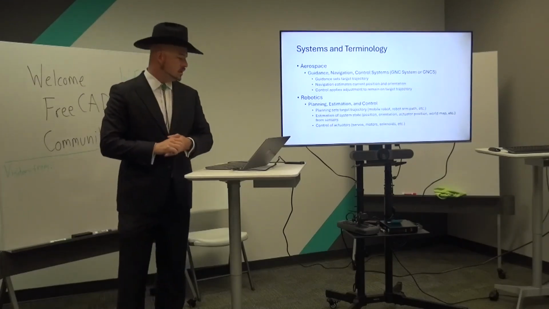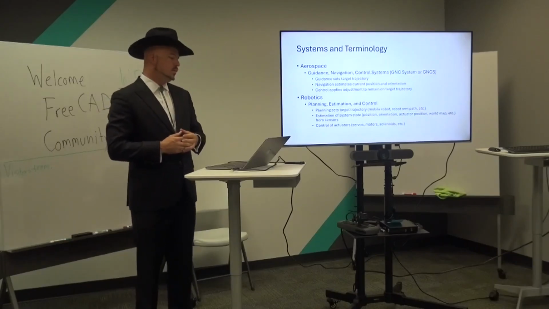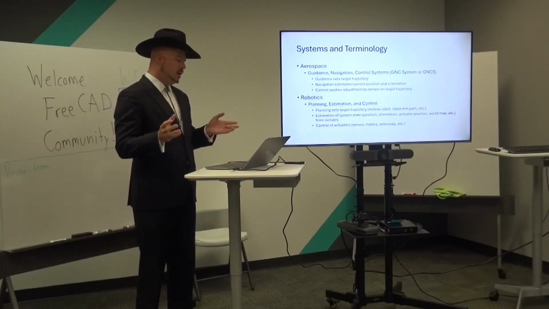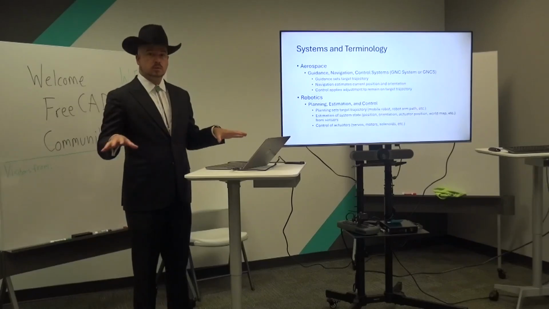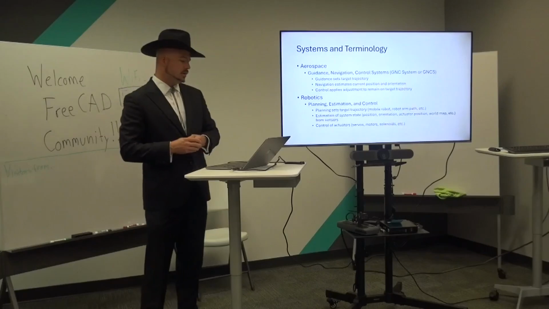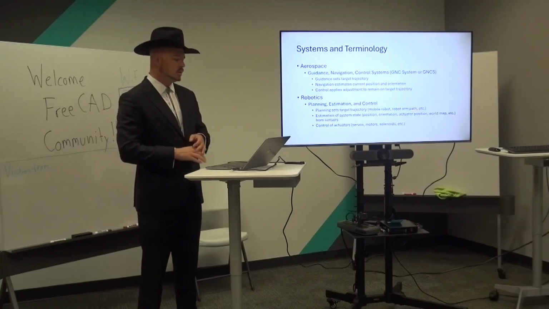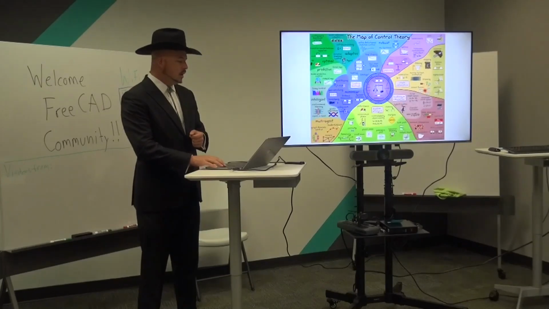Estimation of the system state could be your position and orientation, like the GNCS, but it could also be actuator position, the world map, so you're learning what the world is around you, trying to then put semantic understanding to it. And then the control of your actuators, so your servos, motors, solenoids, and whatnot.